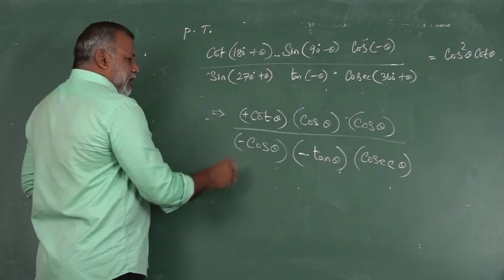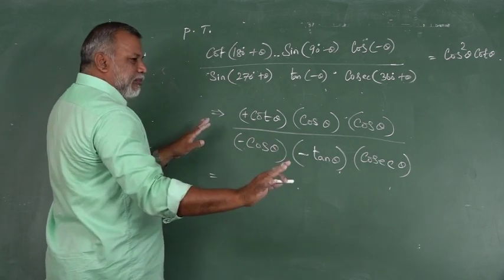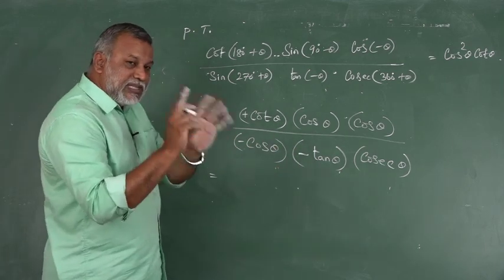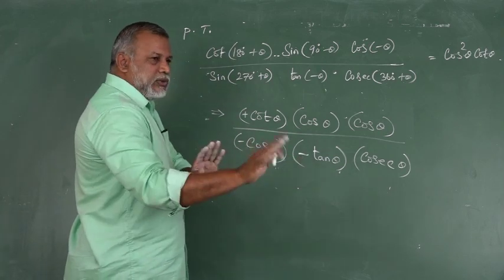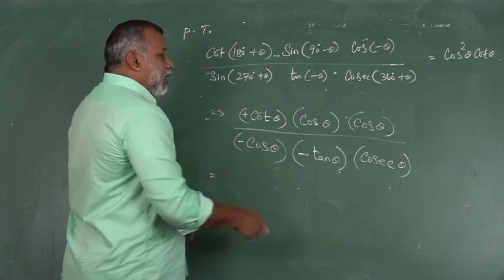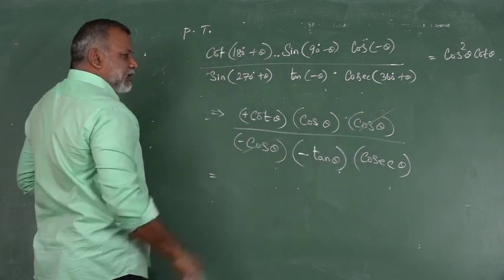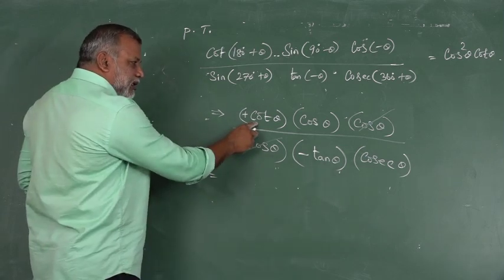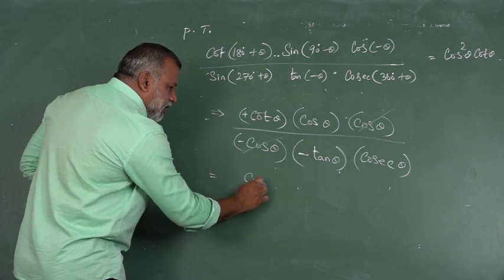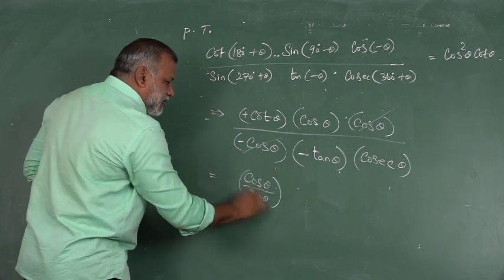Now listen, in the denominator we have two negatives, it will become positive. Always think about the signs first. See here one negative, here one negative, so it will be eliminated. Now this cos in the numerator and this cos in the denominator will be removed. See the balance, cot. Cot means cos divided by sin.